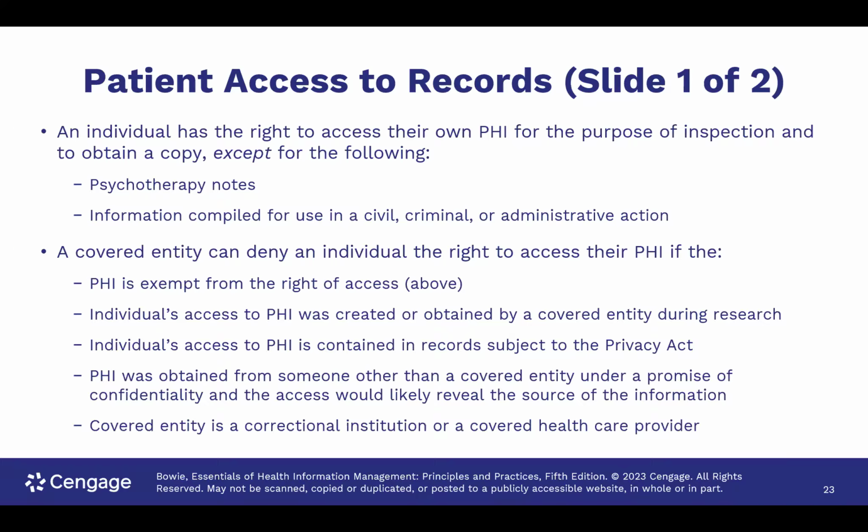And an individual's access to the PHI may be denied if it was created or obtained by the covered entity during research, or if the covered entity is a correctional institution, or if it was obtained by somebody other than the covered entity under a promise of confidentiality.